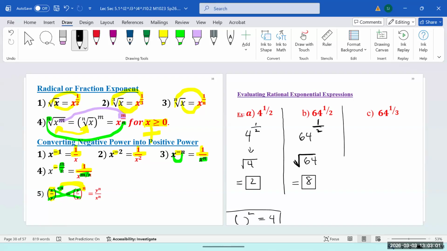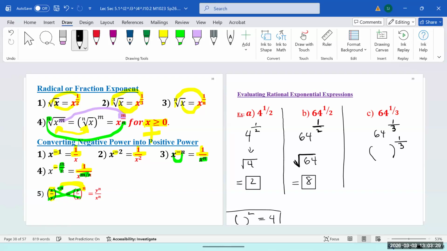Now the next one is a weird power. It says we have 64 to the 1/3 power. Now we are not familiar with the 1/3 power, so do not rewrite 1/3 as a cube root. If you want, you can, but I would recommend not to, because 1/3 is kind of weird. So anytime you see something unfamiliar, keep that unfamiliar thing.